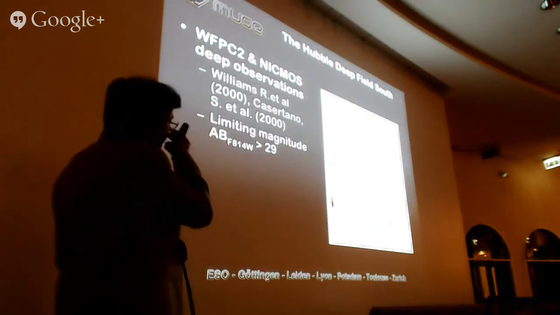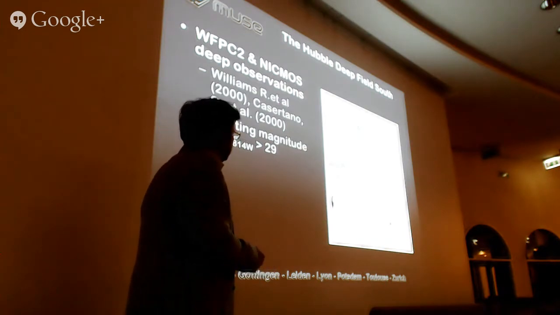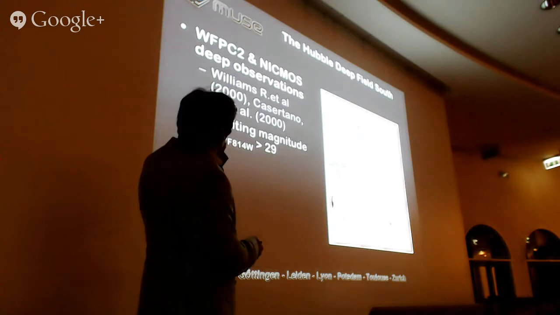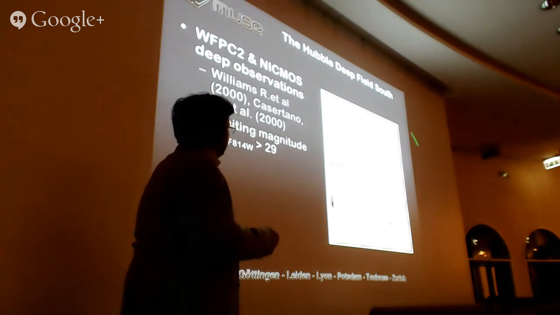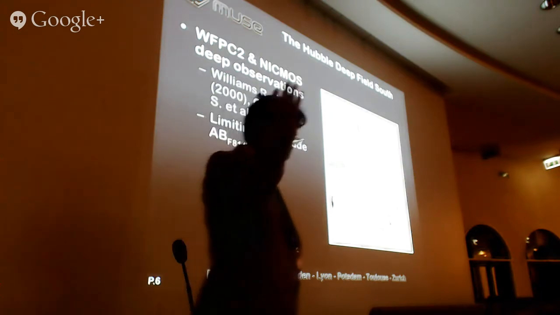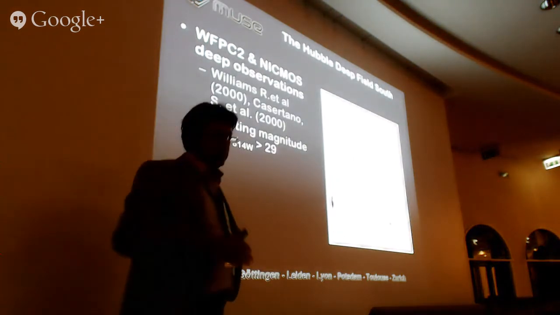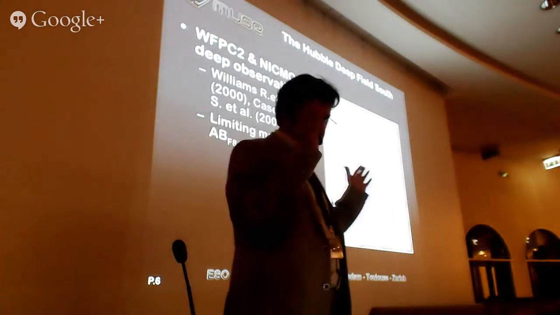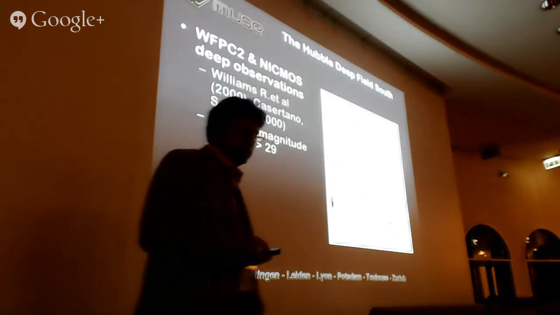The Hubble Deep Field South was observed in 1999 or 2000, I guess. It was the second deep field down, and there was a lot of interest, but then there was the UDF, which went deeper and was also observed from the north, and for a number of reasons most people concentrated on the UDF. But I think it's still an interesting field.